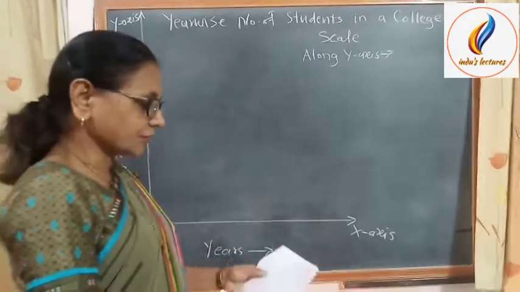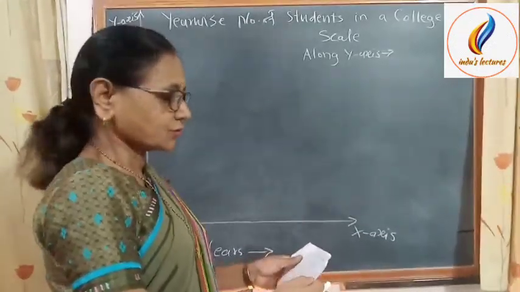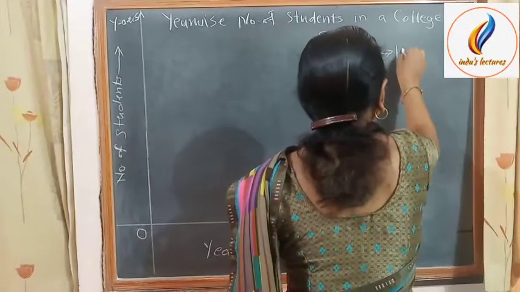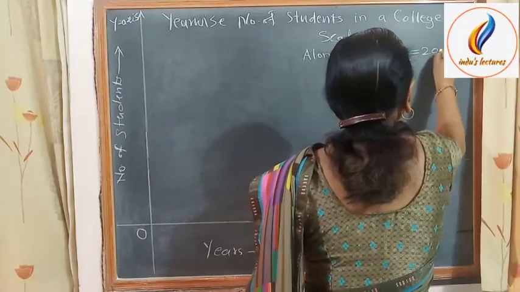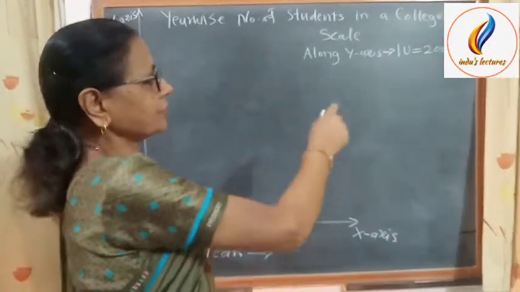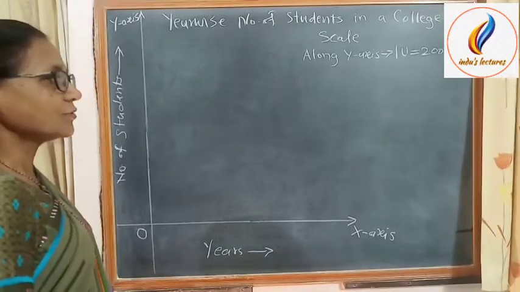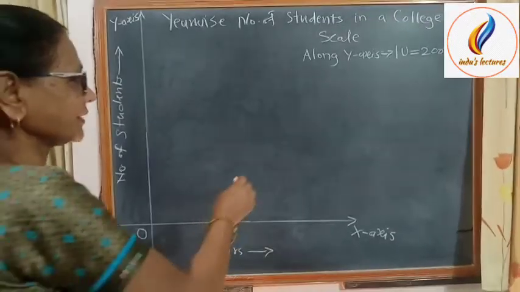Along the y-axis, we will take 1 unit equal to 200 students. Shortly, I have denoted students as ST. Now 1 unit is equal to 200 students, and along the x-axis, years.